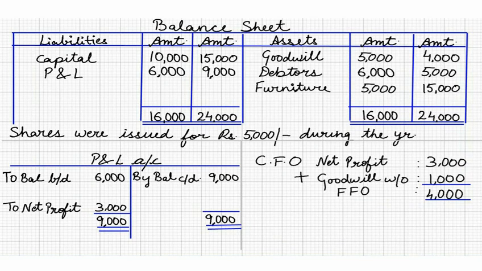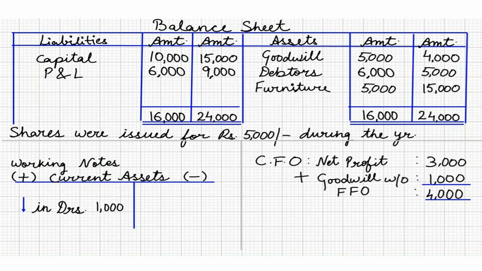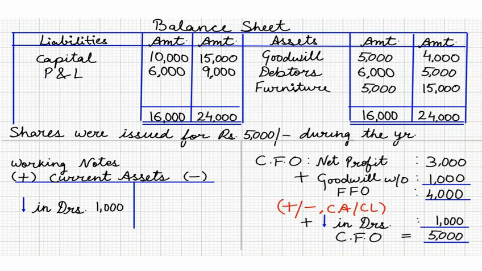Now what we have to do? We have to add or deduct the items of current assets and liabilities. I have already made one rough statement for the current assets and liabilities. On the plus side, I have already written decrease in debtors 1,000. So I am going to add it: plus decrease in debtors 1,000. So 4,000 plus 1,000 is equal to 5,000.